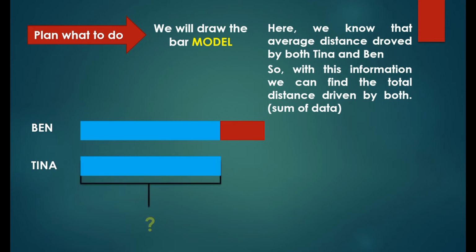Tina's distance you need to find because it is not given, and this 24 kilometers is what Ben drove more than Tina. So what do you need to find? You can see, the total distance driven by both.